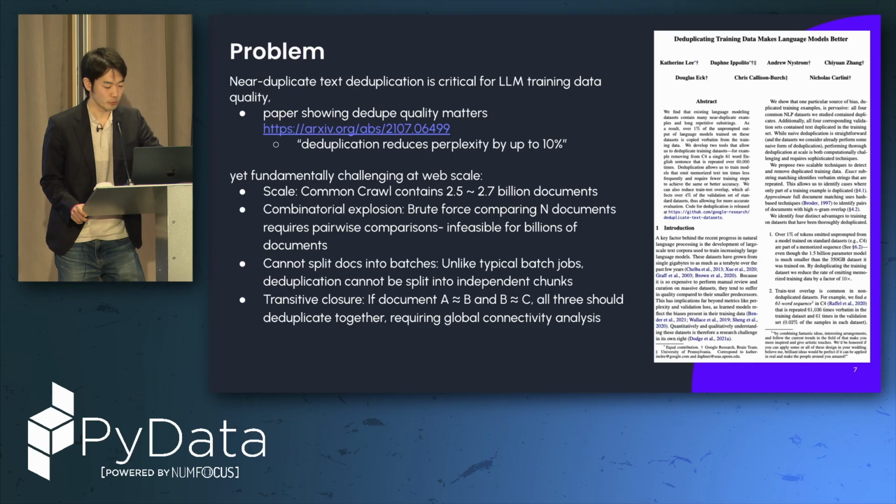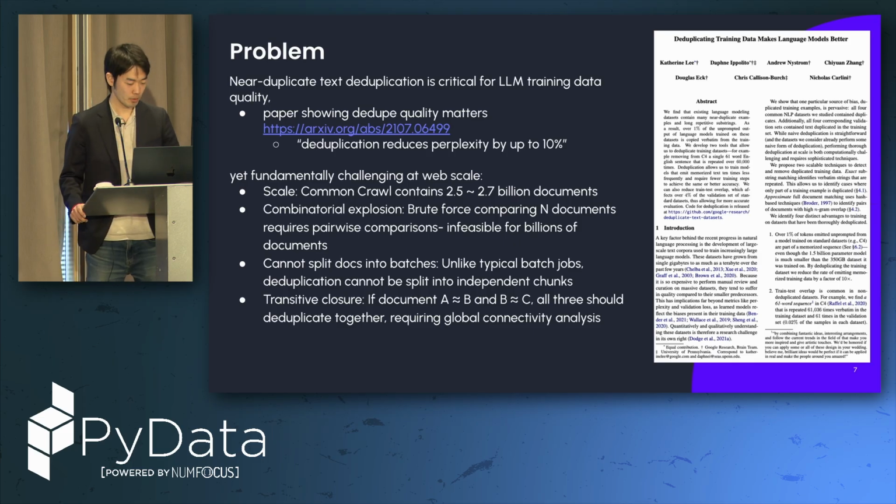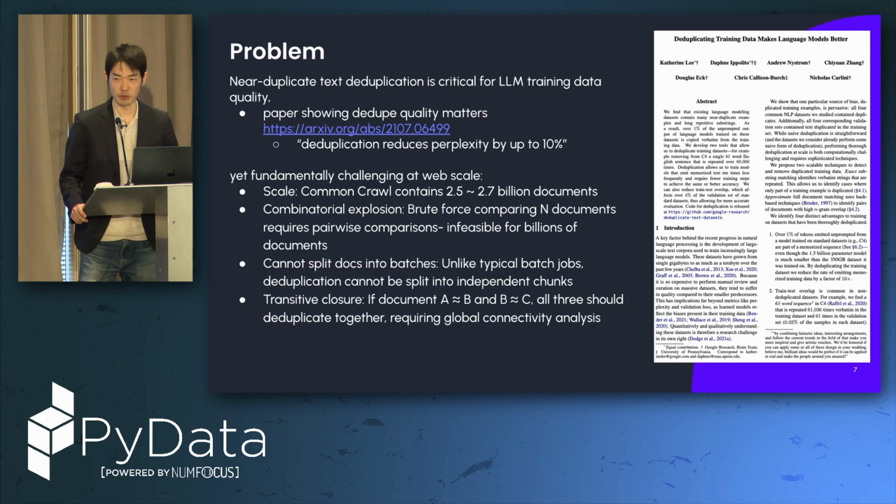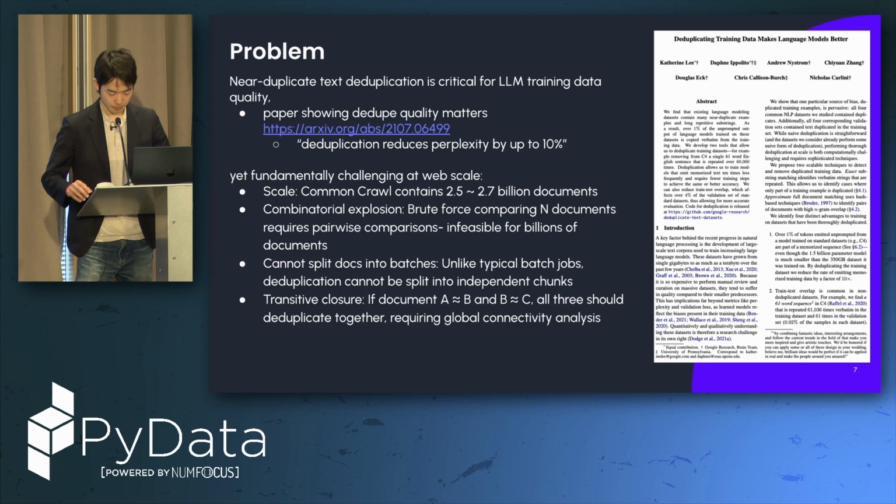So we have to run it all together. Lastly, there's transitive closure. If document A is similar to B and B is similar to C, all of these documents should join the same cluster, and they should be deduplicated together.